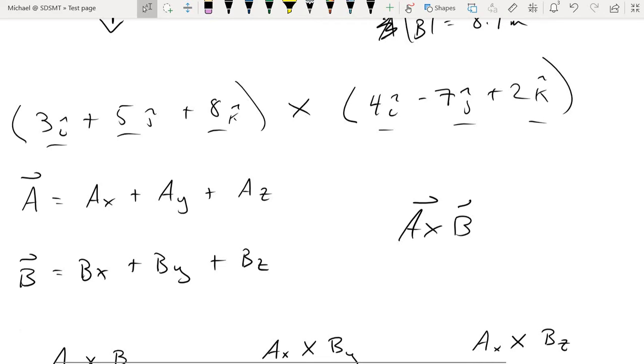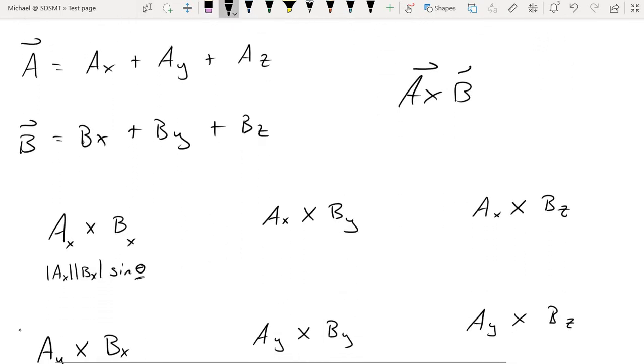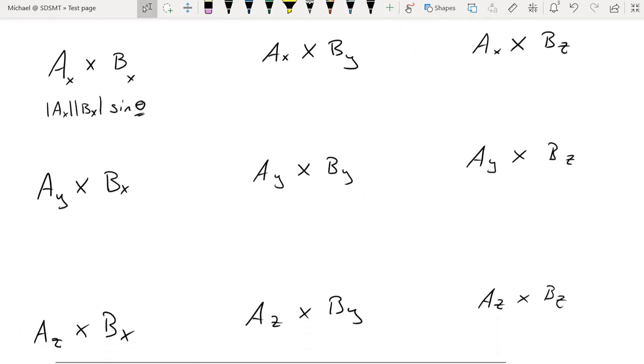And all the x components are going to be at 90-degree angles with respect to the y components and the z components. And all of the x components are either going to be 0 degrees or 180 degrees with respect to any other x components. So I'm always going to know what the angle relationship is between any of these 9 combinations.